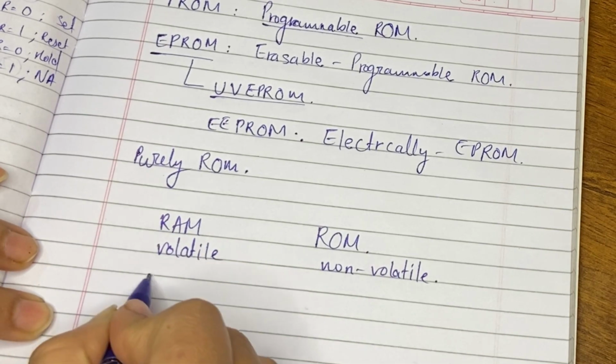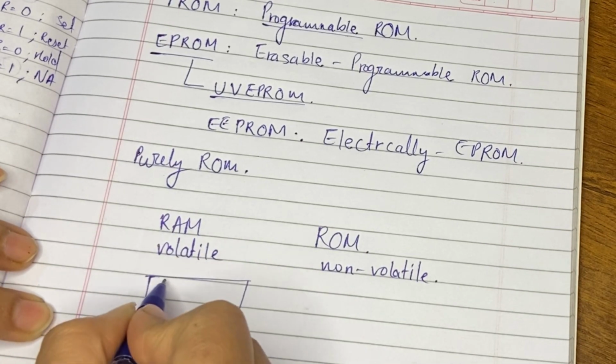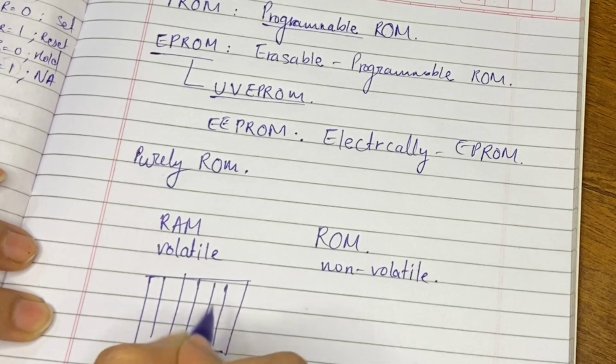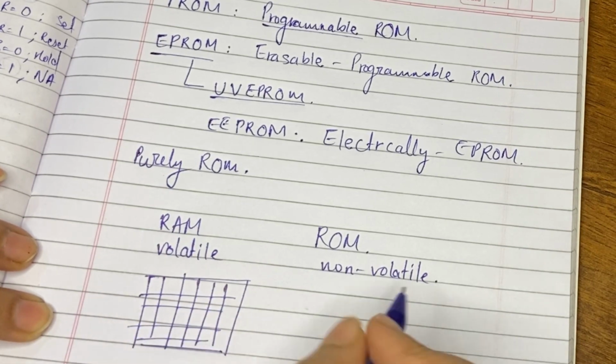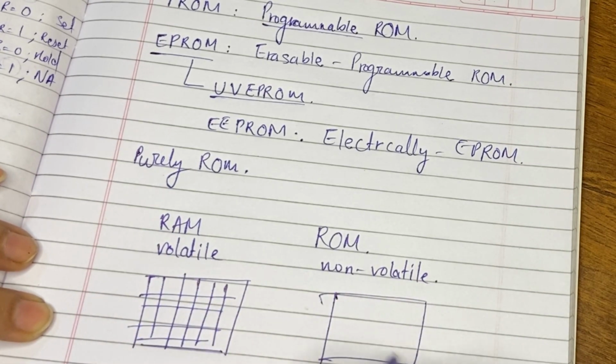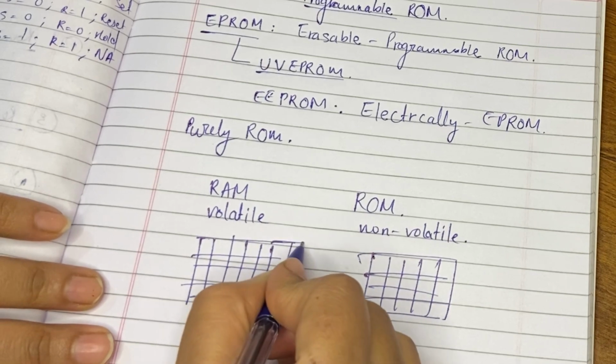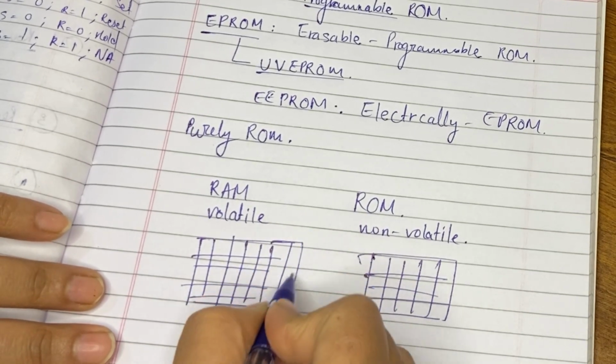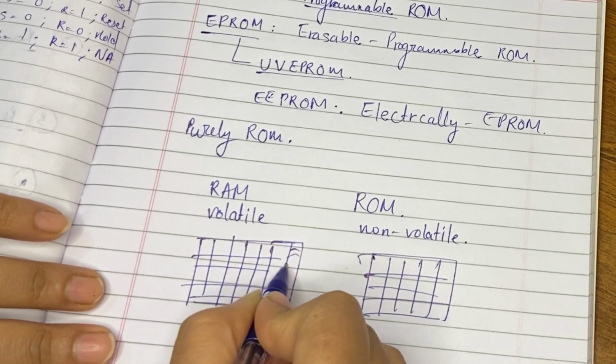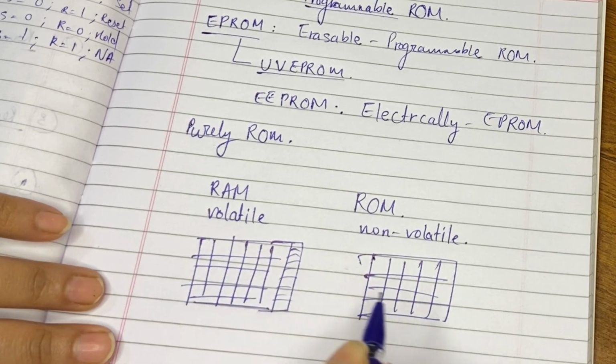As we saw here, RAM uses these cells to store data. Similarly, ROM also uses those cells to store data. Now the difference between those two is, there is a separate link here. Okay, link cell is there.